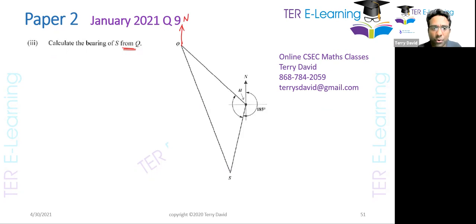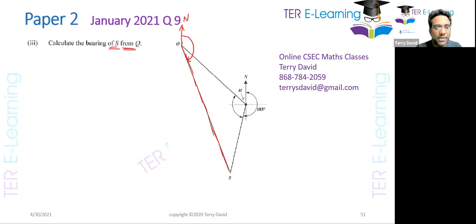So the bearing of S, you have to draw a line from Q to S. That's this line here, joining Q and S, but my north line is drawn from Q. So the bearing that they're asking us for here is this bearing. They want to know this angle here. We need to figure out that angle.